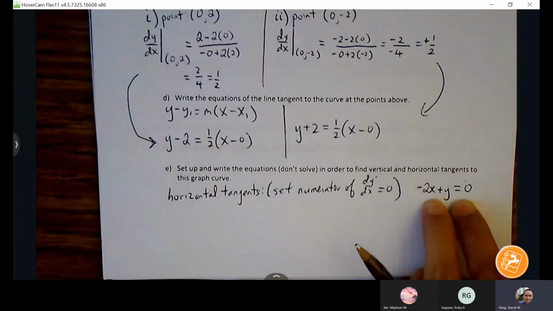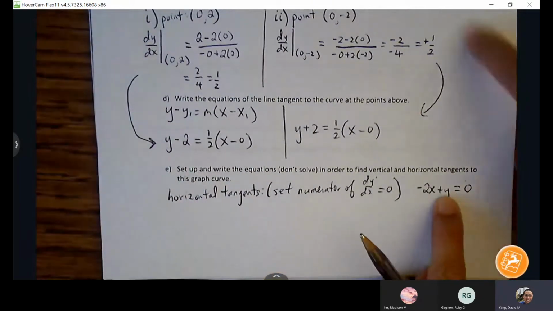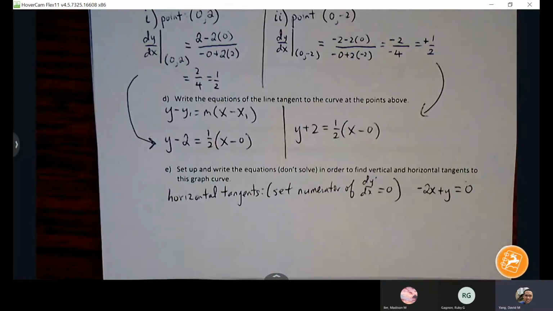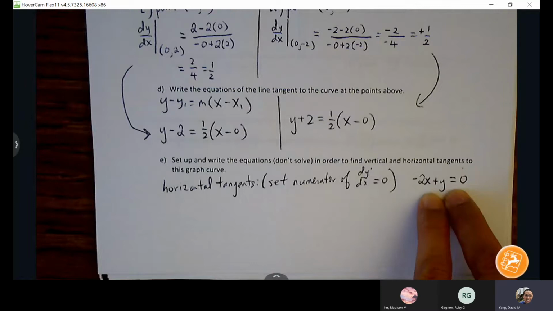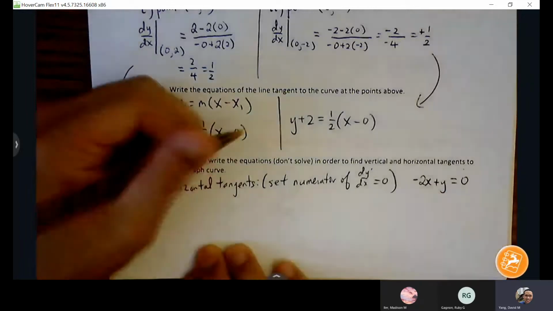Okay, if we were to go through this process, we would solve for y, plug it back into the original equation. There's a lot of algebraic steps involved there potentially with the messiness, but for this problem, I just want us to set it up. Do you know where to look to find it if you were to find it? Okay.